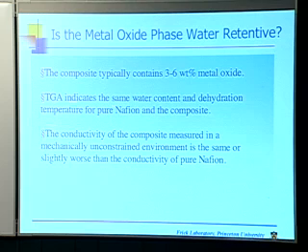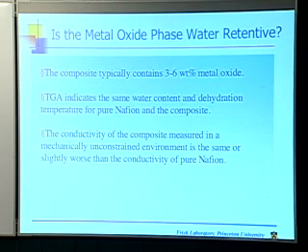Further, you can go and start doing some experiments. So we did some thermogravimetric analysis of the water content of a regular piece of Nafion versus these pieces that had the metal oxide in there. No difference. They both hold water to the same extent. So that doesn't seem to help. And the final measurement that we made is we measured the conductivity of these materials. Now, we measure that conductivity outside of the cell. That is, we take a freestanding membrane without any electrodes on it, and we do an AC impedance measurement of the conductivity.